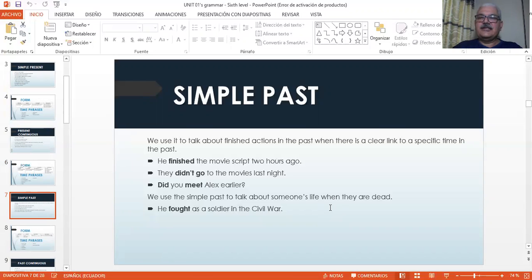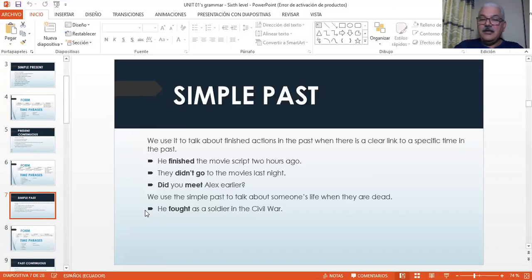In all those sentences, we find the action happened in the past. They finished the actions. Then we use the simple past to talk about someone's life when they are dead as well. He fought as a soldier in a civil war. So that's an example of a given person who had done something in the past, okay?